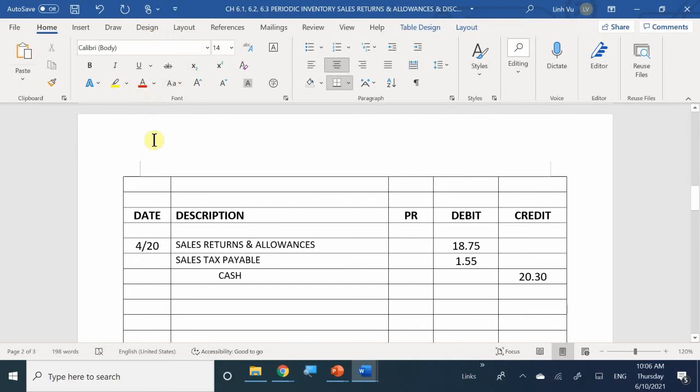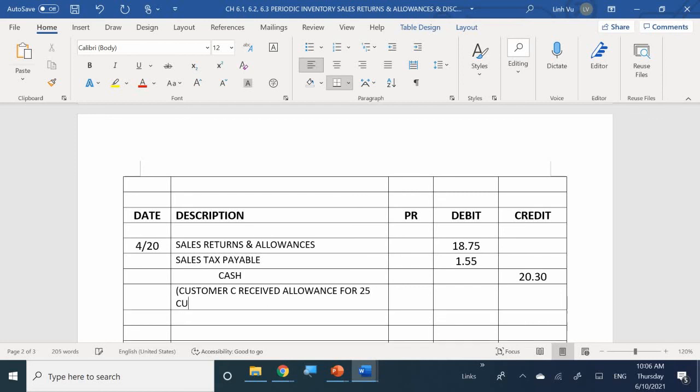Once again, I'm going to make a note: customer C received allowance for 25 cups at 15% discount.